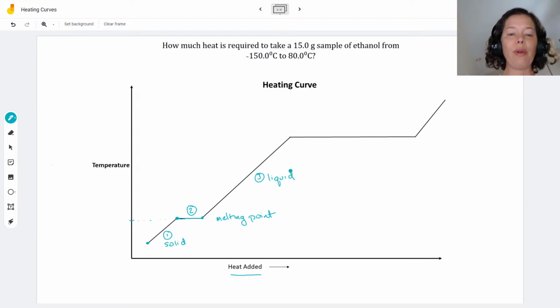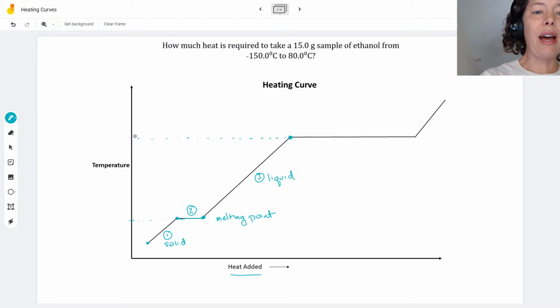And all we're doing from this first point after the melting point all the way up to our next plateau is we are taking that liquid from the melting point and heating it all the way up to the next phase change. Now, the next phase change from liquid to gas is, of course, the boiling point. So here, if I were just to draw a line out, this is the boiling point.